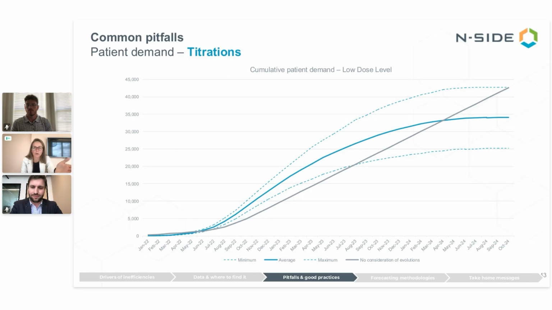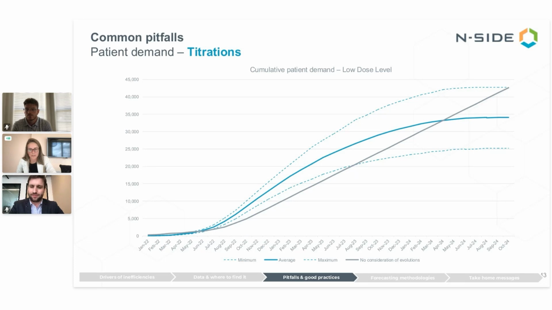Because looking at the prerequisites, in terms of quantities, that's already a red flag, because if you are just over-considering all of this, this will drive waste. If you're just considering proportions and you don't put enough weight on the low dose at the beginning, you might come up with risk. So that's, again, a good example of inefficiency that we could observe in our past interactions with pharma companies.